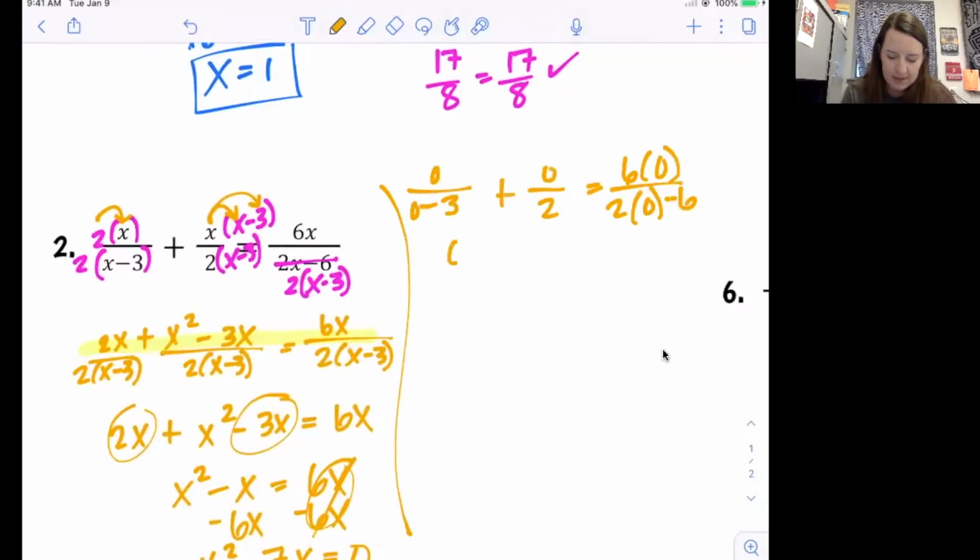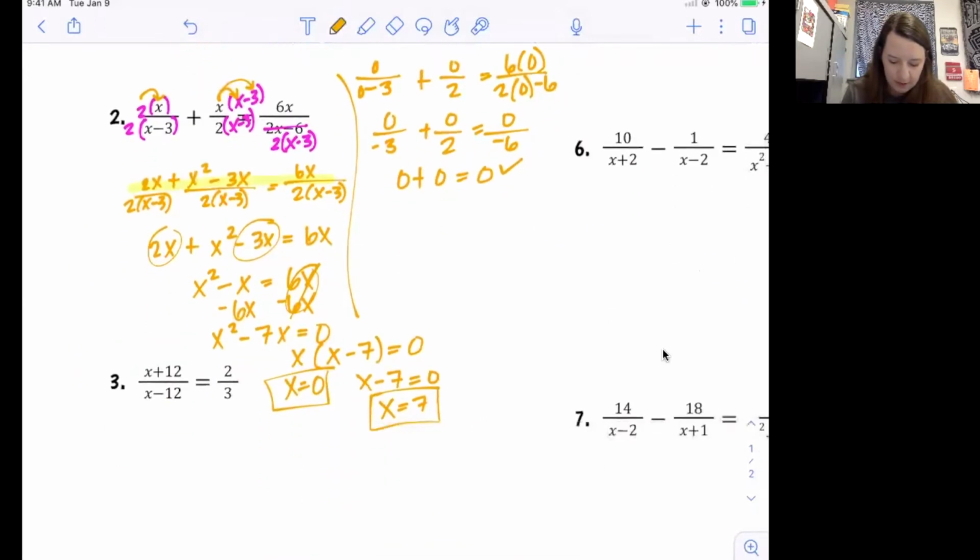So this is going to be 0 over negative 3 plus 0 over 2 equals 0 over negative 6. Because if any of my denominators made a 0, then it would be undefined and that value wouldn't work. Okay, all of these don't have a common denominator. However, it doesn't matter what the denominator is. These are all zeros. So 0 plus 0 does equal 0.